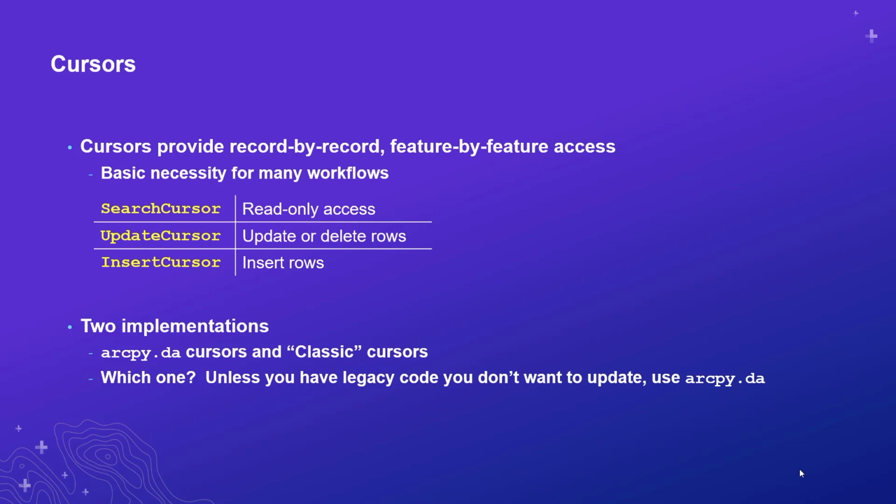With these, you can do classic database CRUD operations, CRUD being an acronym for create, read, update, and delete. This is not to say that this is the only way to perform CRUD operations, as there are geoprocessing tools available to do this as well, but the cursors let you do this on a record-by-record basis.